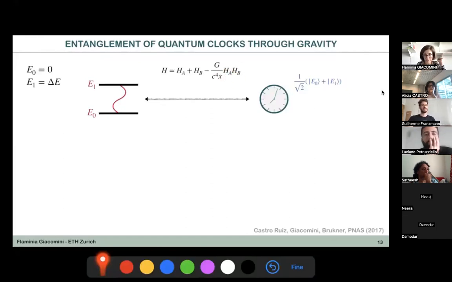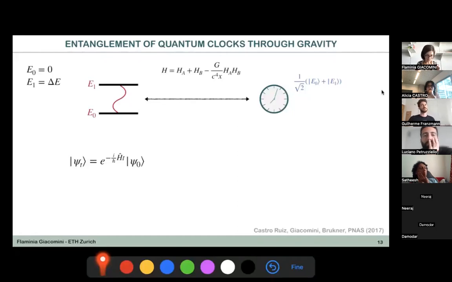But this is a quantum operator. So that's the mathematical way of representing this situation. Very simplified, but still we can work with that because it's enough to extract the information that we need from this scenario.